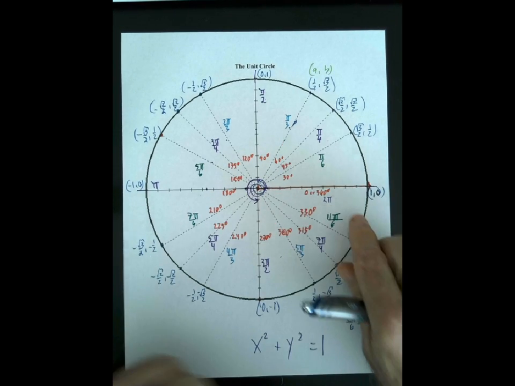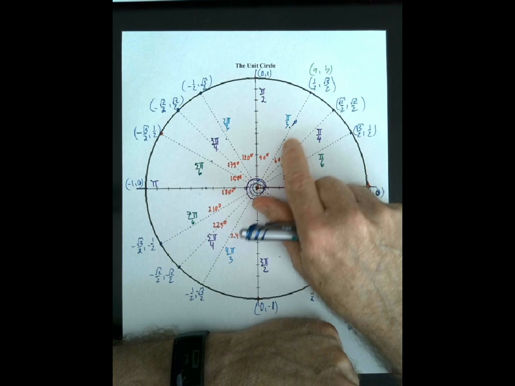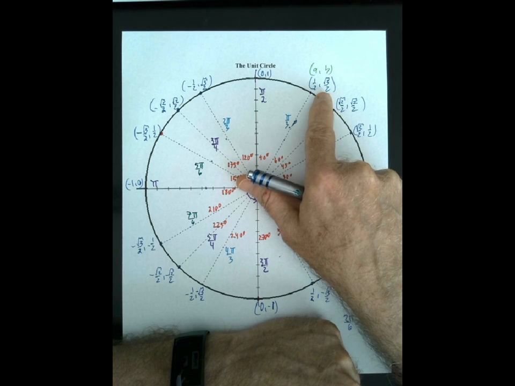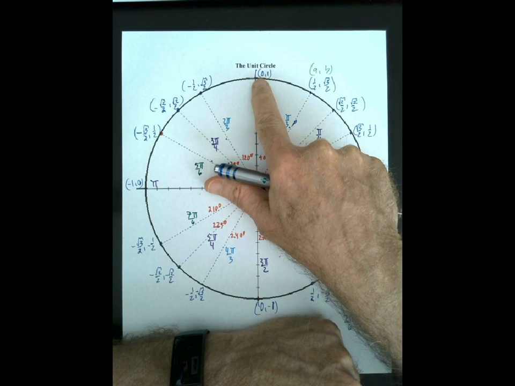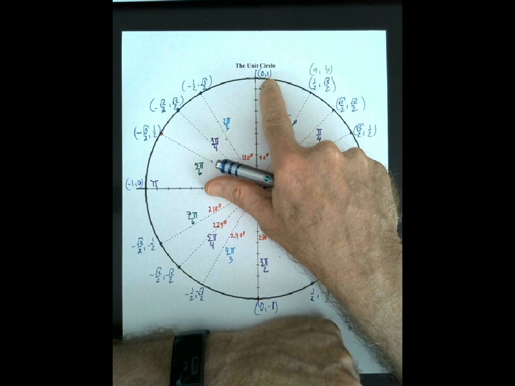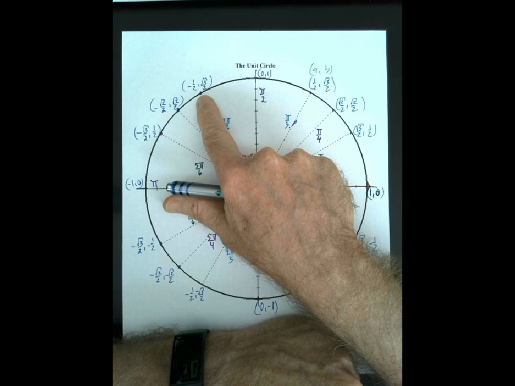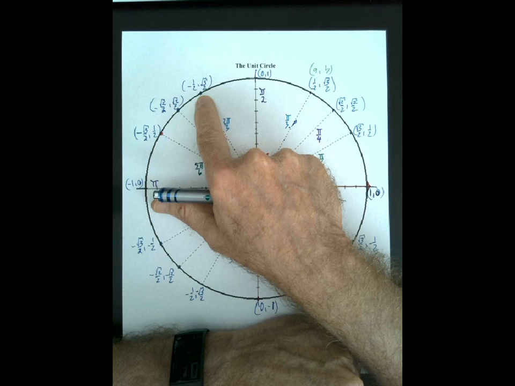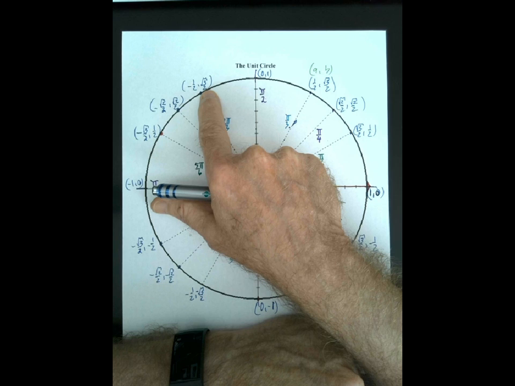So we're going to look at the unit circle. Let's go up to 60 degrees here. That's the cosine of 60. That's the sine. This is the cosine of 90, 1 is the sine. There's 120: negative 1/2 is the cosine, and rad 3 over 2, or 0.866, is the sine.